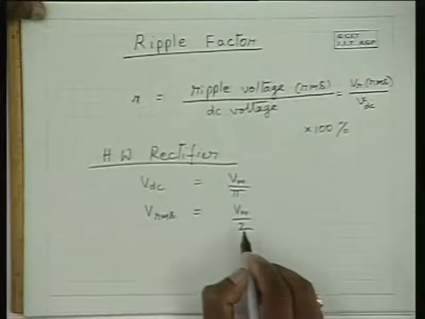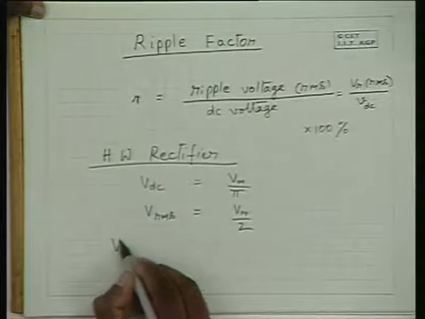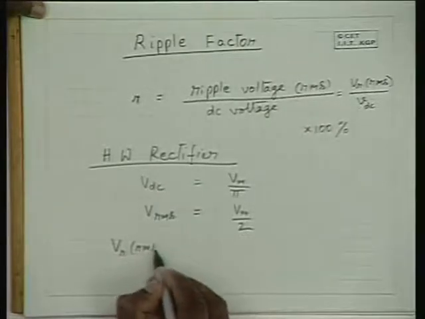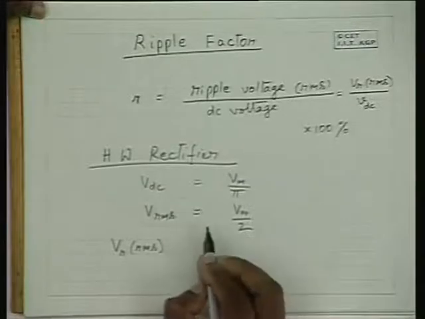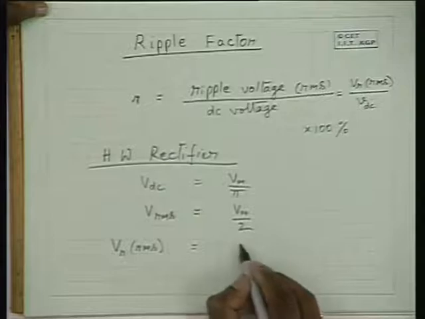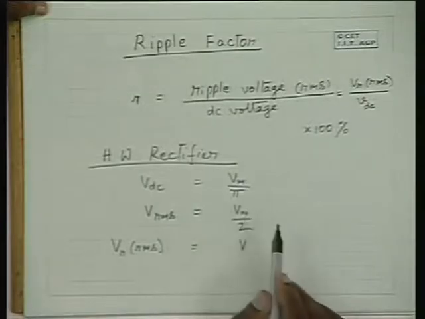Now the RMS voltage of the ripple can be determined. VR RMS, the ripple voltage's RMS value, can be determined as square root of VRMS square minus VDC square.